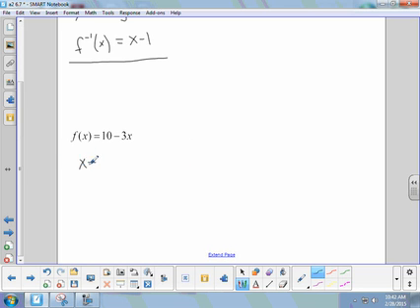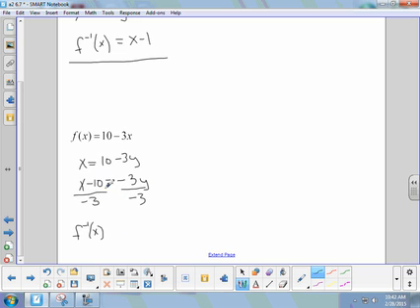Switch my x's and my y's. I'm going to solve for y now. X minus 10, subtract 10 from both sides. Then we're going to divide by that -3. And I want to show that it's an inverse, so I'm going to use that inverse notation.